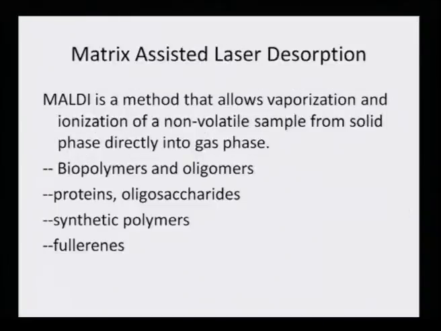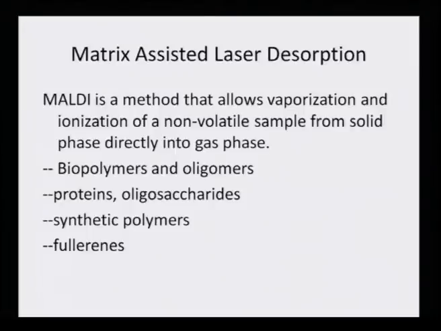Matrix assisted laser desorption, a technique which is called MALD, is a method that allows vaporization and ionization of non-volatile samples from the solid phase directly into the gaseous phase.